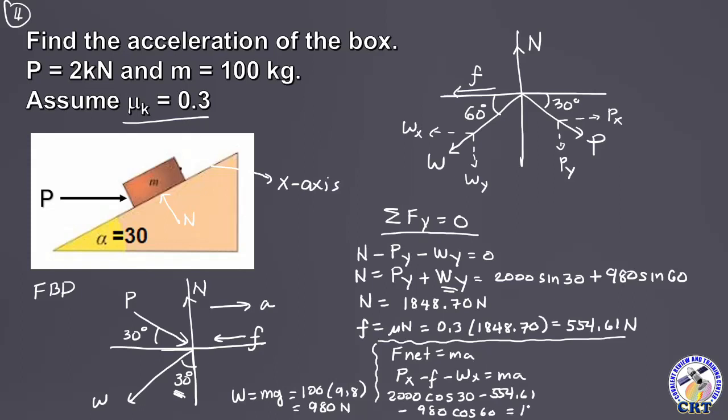Equivalent to mass 100 times the acceleration. Solving for the right side of the equal sign, that is equivalent to 687.44, then equals 100a. So divide both sides by 100, this will give us 6.87 meters per second squared acceleration. So this is our answer for this example.